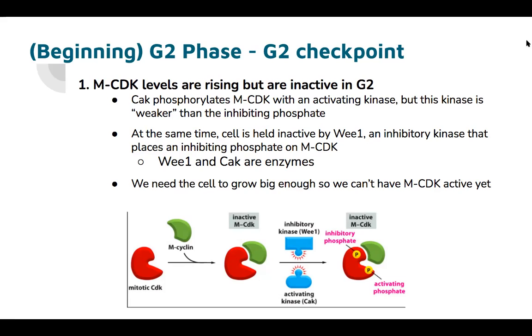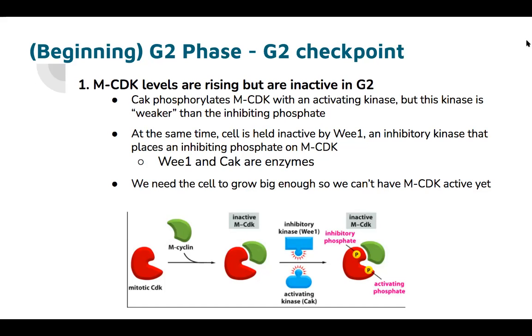And that's the other difference that we need to remember, that just because M cyclin binds, or any cyclin binds to a CDK, that doesn't necessarily mean the CDK is active. It might also need to be phosphorylated or have some other inhibitory kinase, which we see here. So pretty much what happens is that CAK phosphorylates the M cyclin CDK with two kinases.